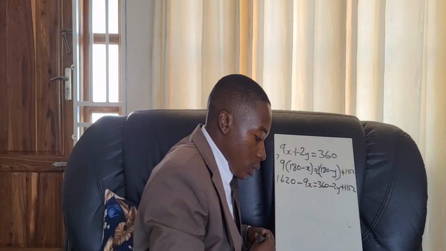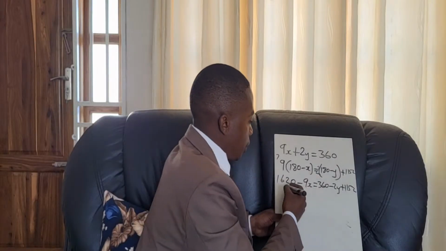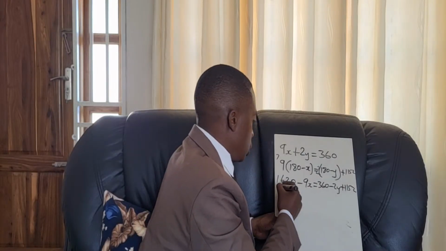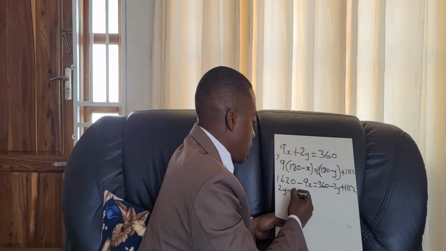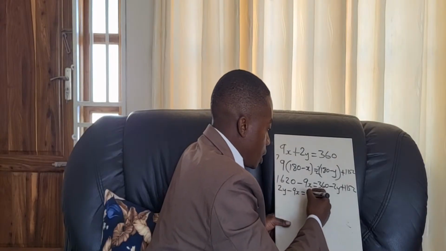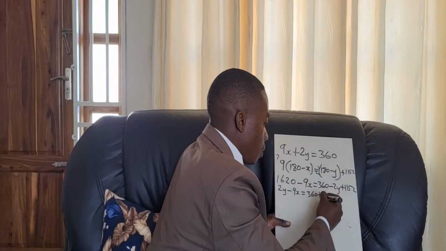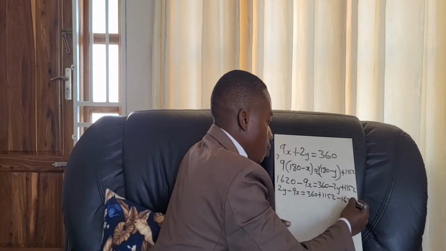So we simplify: 2y minus 9x equals 360 plus 1152 minus 1620.